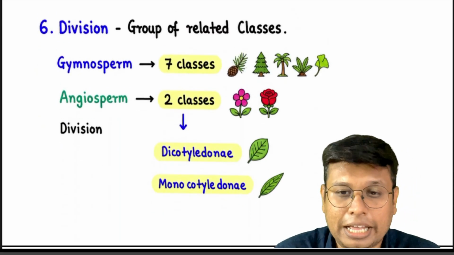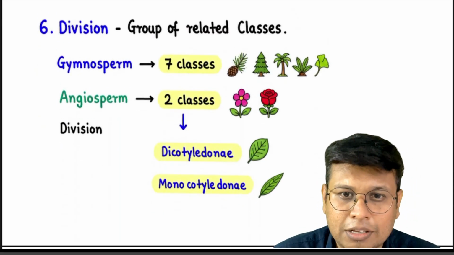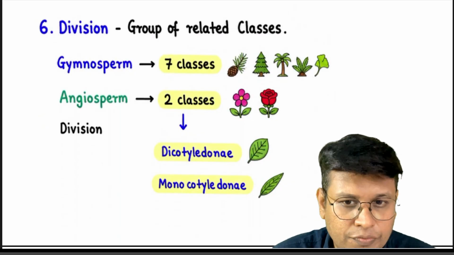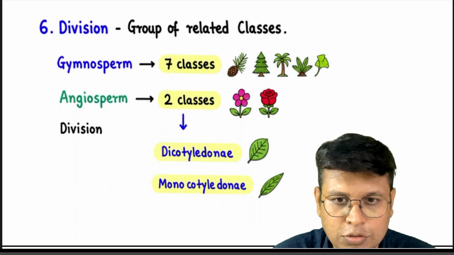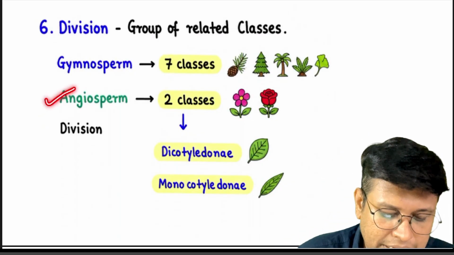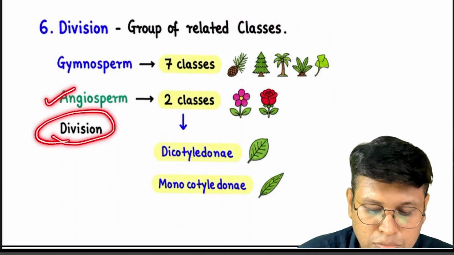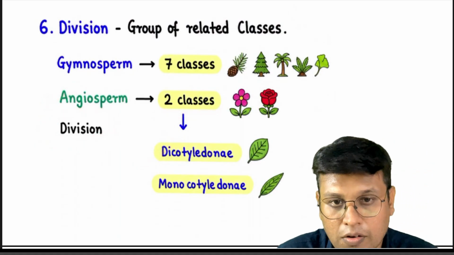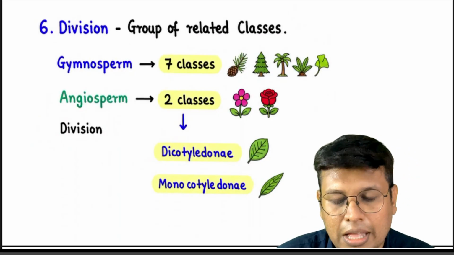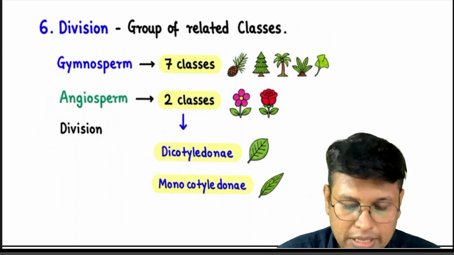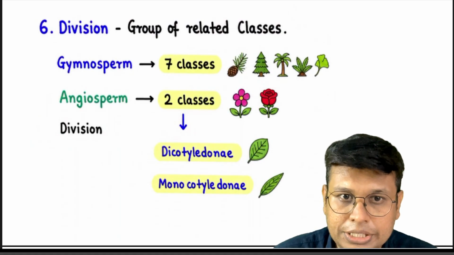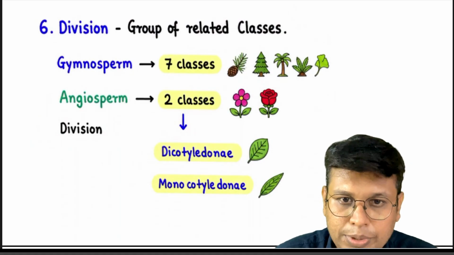Next is division. Division is nothing but a group of related classes. Gymnosperms have seven classes, which we do not have in the syllabus, so don't worry. Or you can simply remember that the angiosperm division has two classes, that is dicot and monocot. Previously we have seen classes: one dicot example we have seen, and this is a monocot. So pay attention, division is a group of related classes, pretty straightforward.